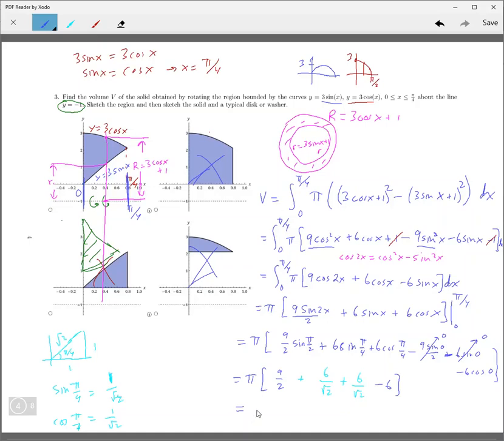So combining the 9 halves and the negative 6, this is the same as negative 12 halves. So negative 12 halves and 9 halves, that's negative 3 halves.